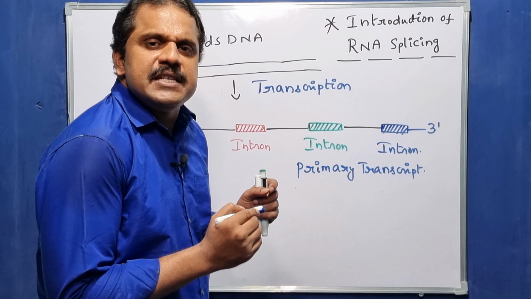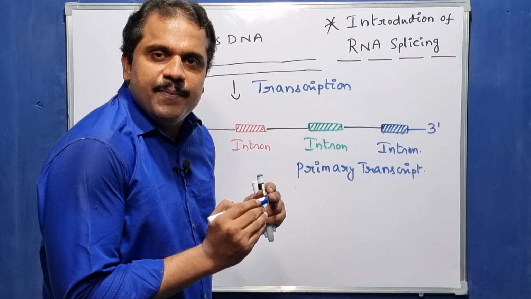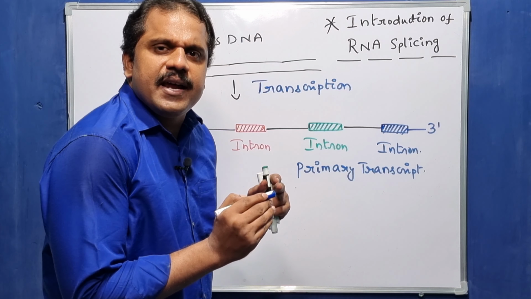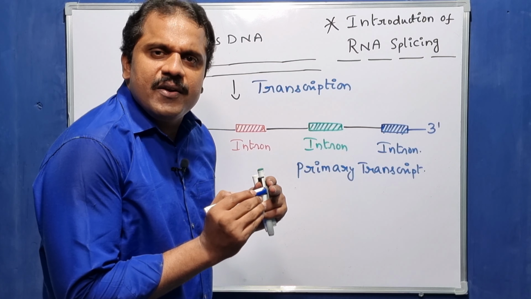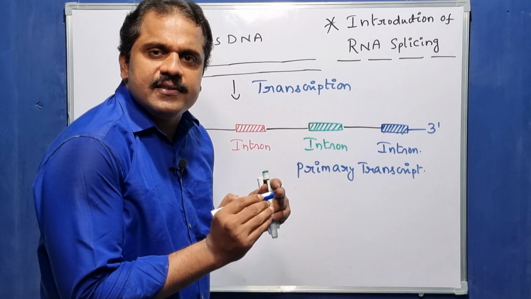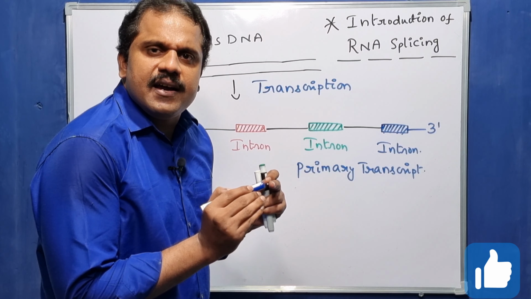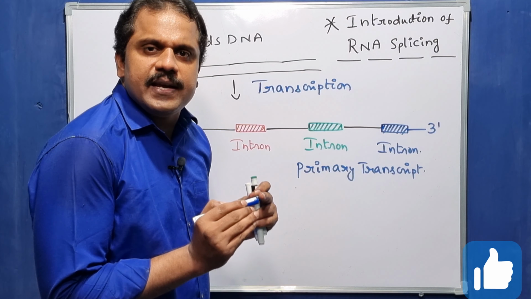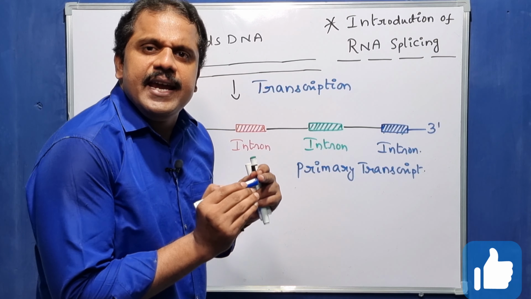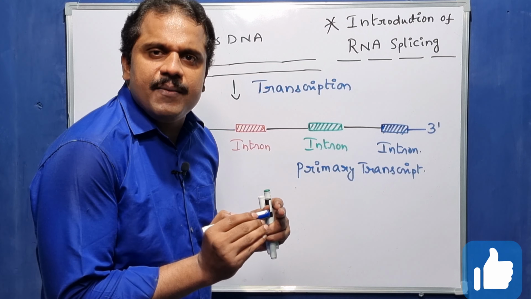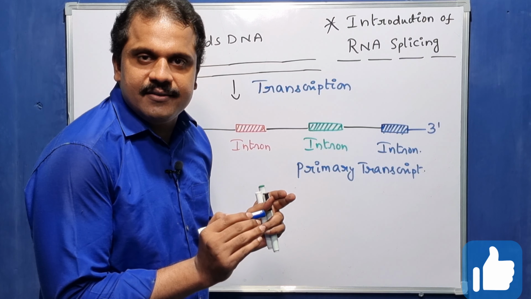When the eukaryotic mRNA participates in the splicing process, the introns are successfully spliced out. This leads to the formation of a mature mRNA, or intron-free mRNA. Is it clear?